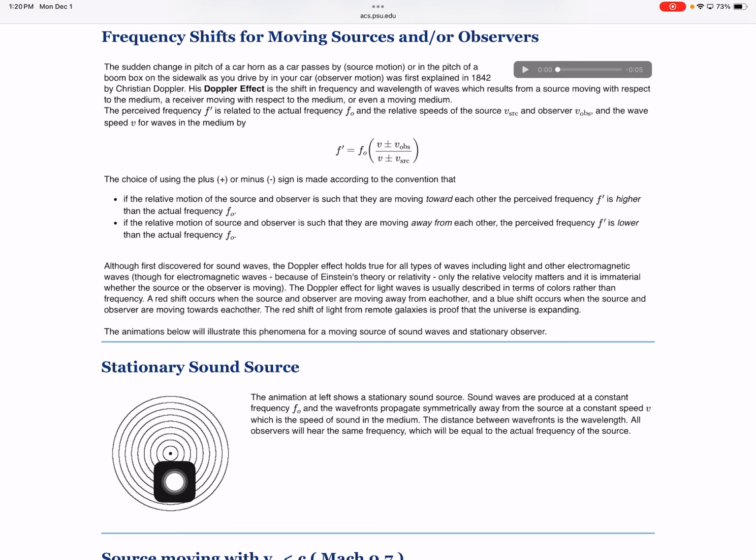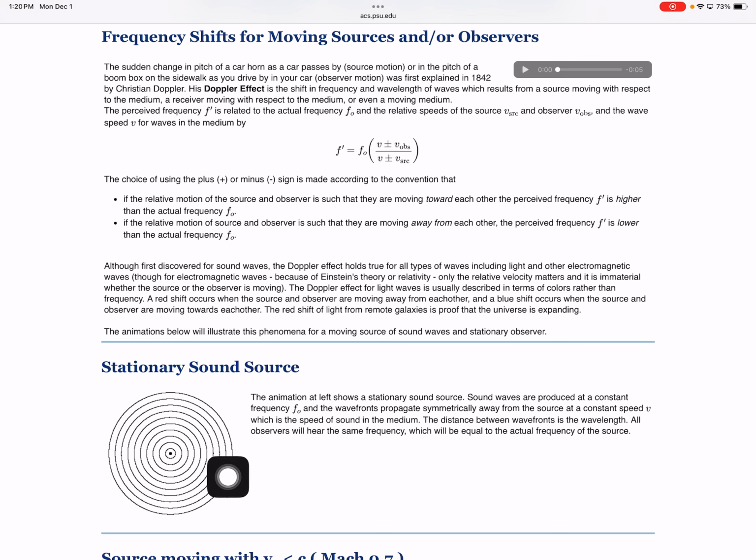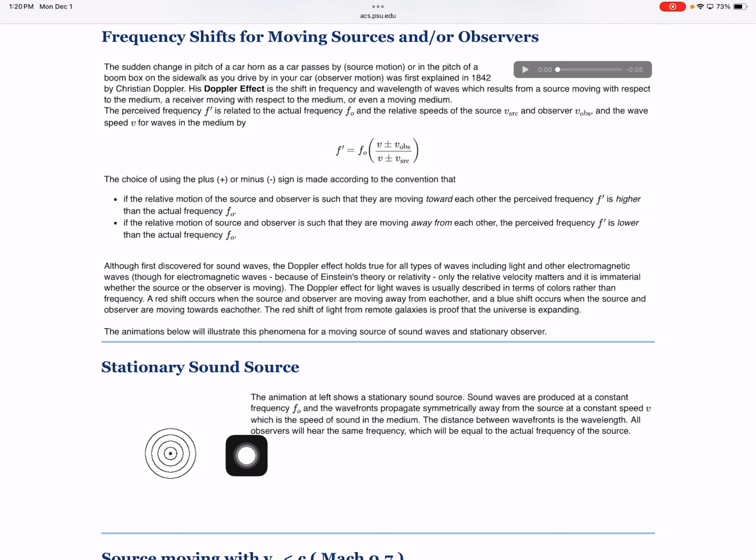Here's a source that's producing sound. Let's say the frequency it's producing is 100 hertz, that means it's producing 100 crests a second. If you're standing there, what you'll hear is 100 crests a second. So if there's no relative motion, the frequency produced and the frequency heard is the same.